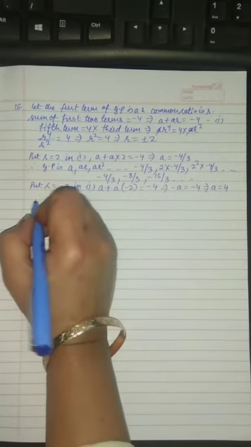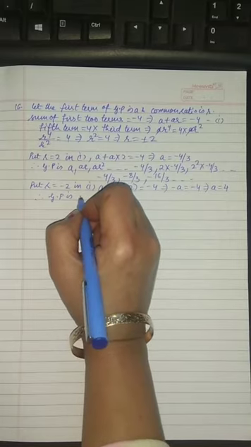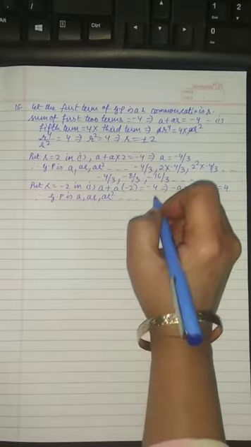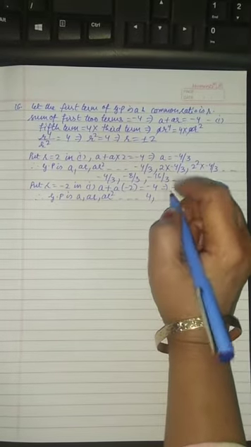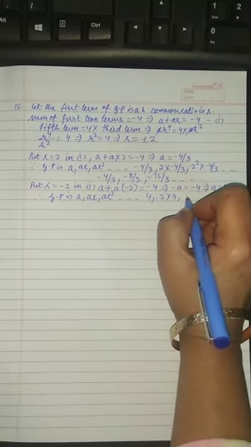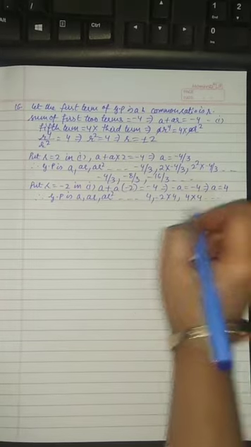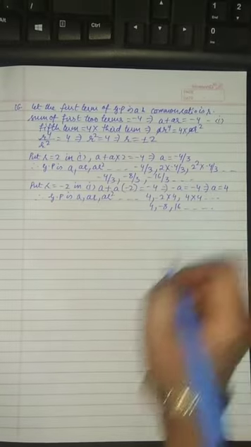So when R is minus 2, the GP is A, AR, AR square and so on, which will be 4, then minus 2 into 4, then 2 square is 4 into 4 is 16. So it will be 4, minus 8 and 16 and so on.